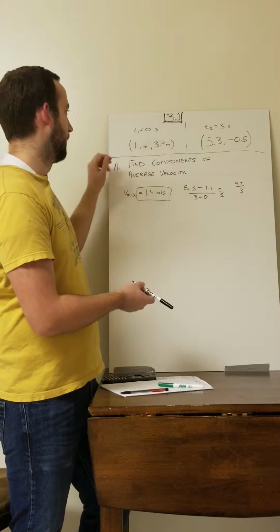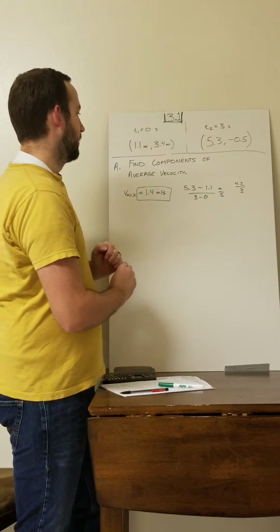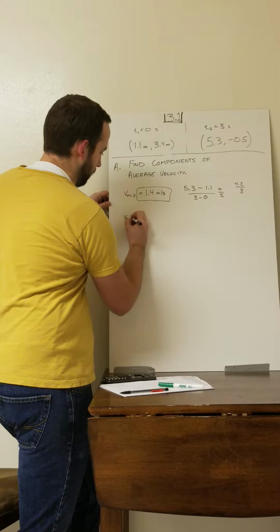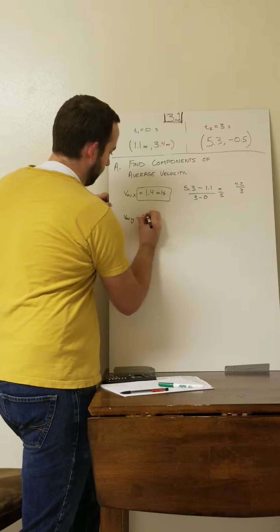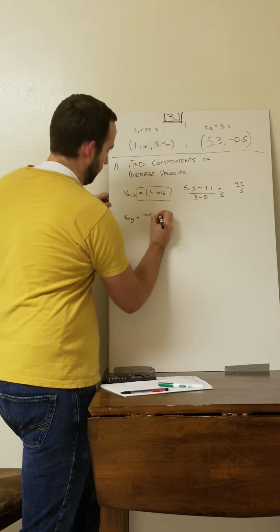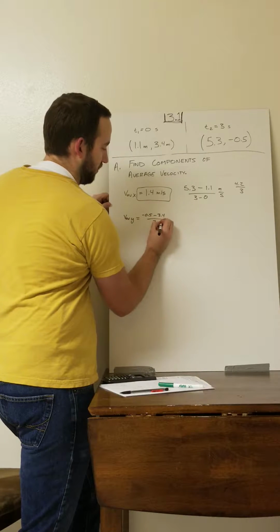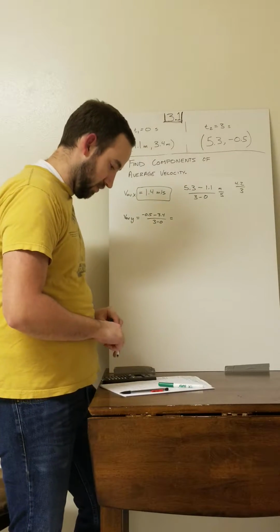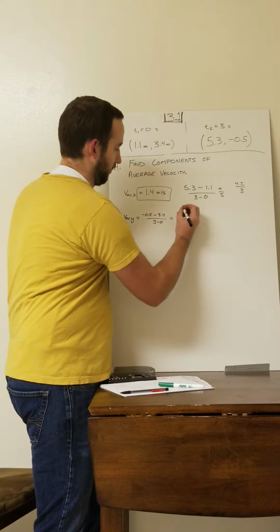Or if you call that t0, whatever you want to do with that. So this is going to be v average y equals negative 0.5 minus 3.4 over 3 minus 0, which when you do the math out, it ends up equaling negative 1.3 meters per second.